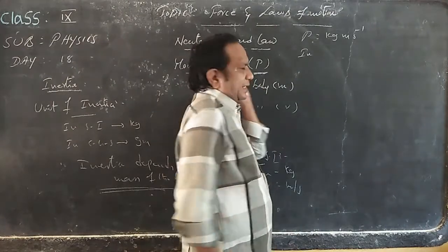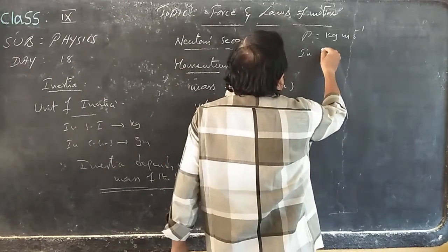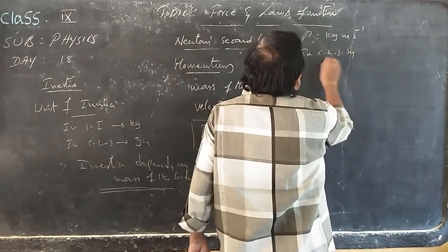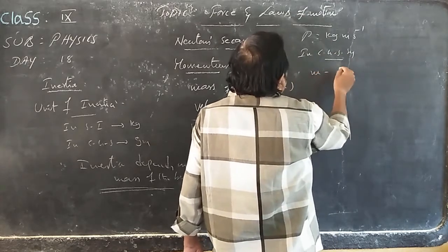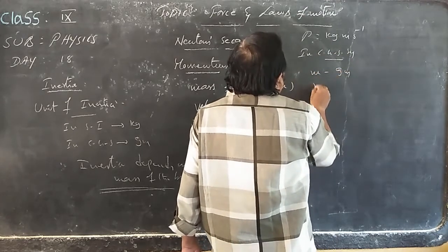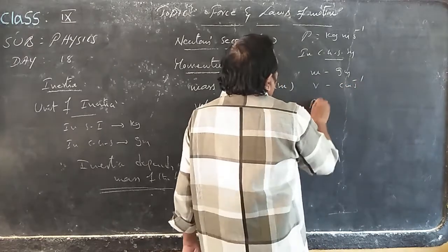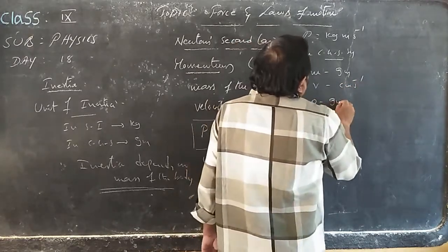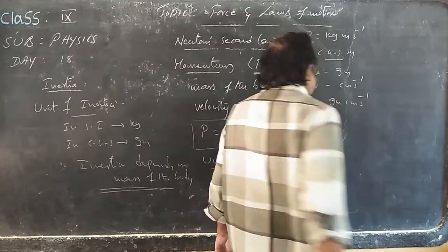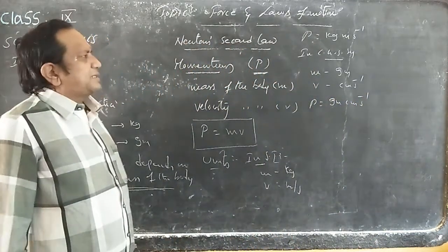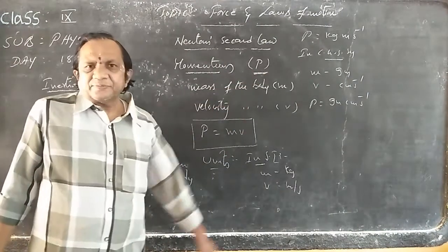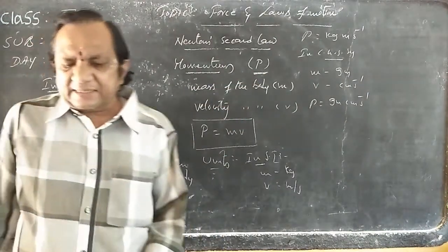In CGS system, mass is measured in grams and velocity is measured in centimeter per second. Therefore, momentum is gram centimeter per second, the unit of momentum in CGS system.